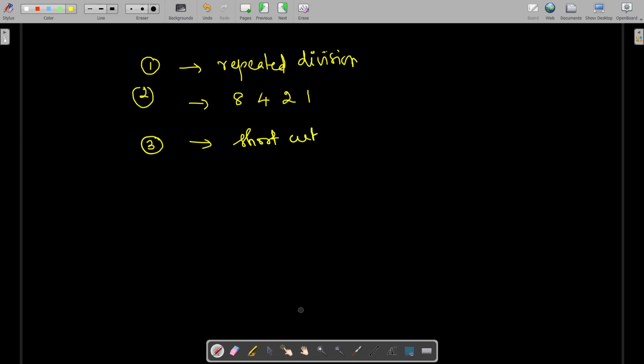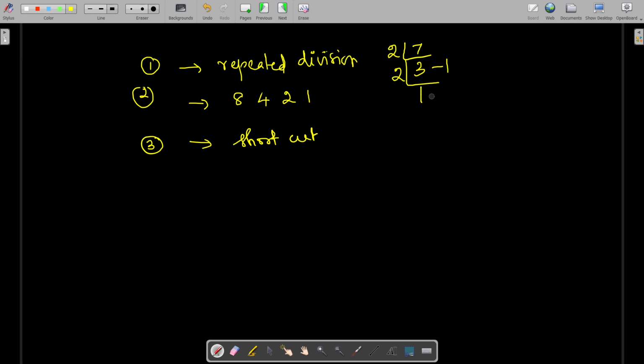In repeated division, if you want to write the value 7, you have to divide it by 2. That is three 2s are 6, remaining 1. Again you can divide, because this 3 is greater than 2.